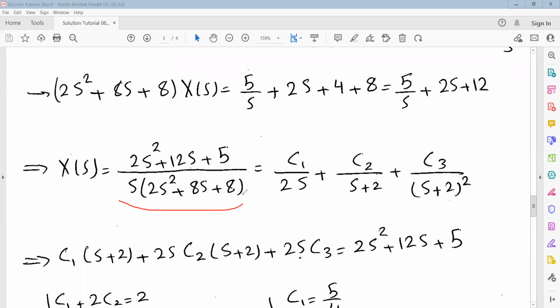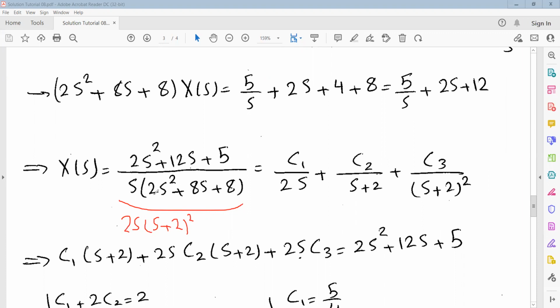You need to simplify and do some calculations and finally extract X(s), the response in the Laplace domain, which is this fraction. This fraction can be equal to c1 divided by 2s plus c2 divided by s plus 2 plus c3 divided by s plus 2 squared. Here, the denominator of the response is in fact s multiplied by s plus 2 squared, and of course we have the 2.